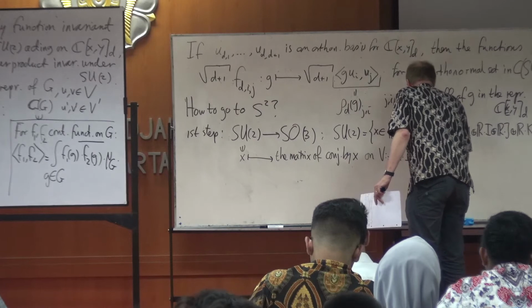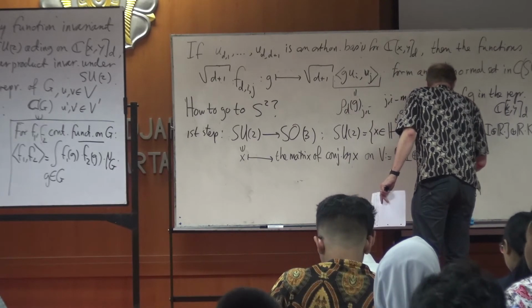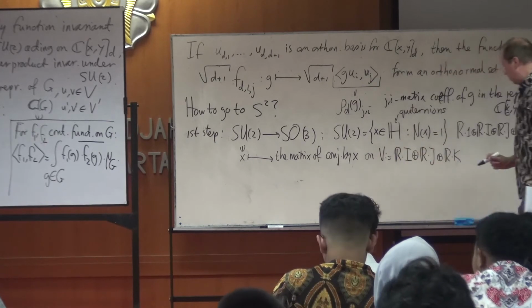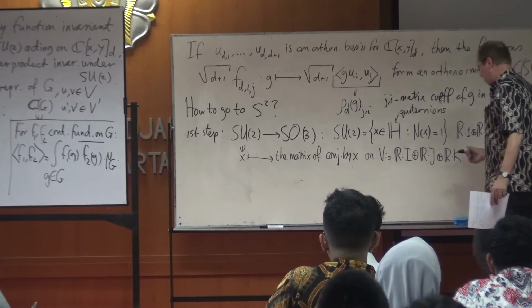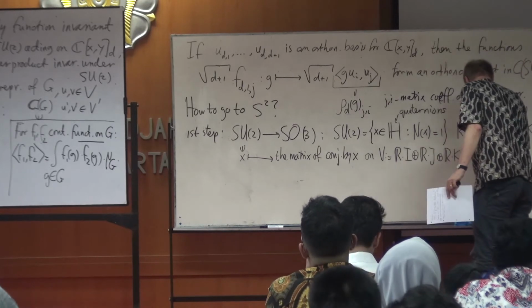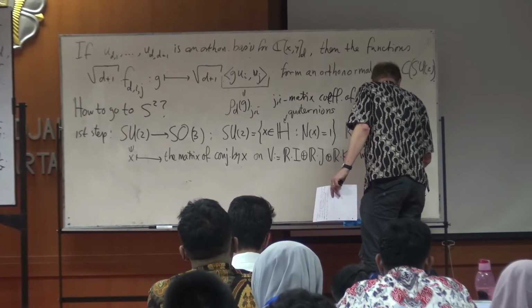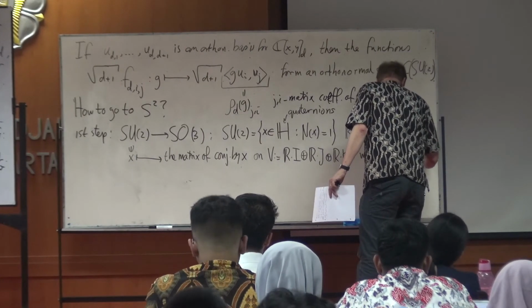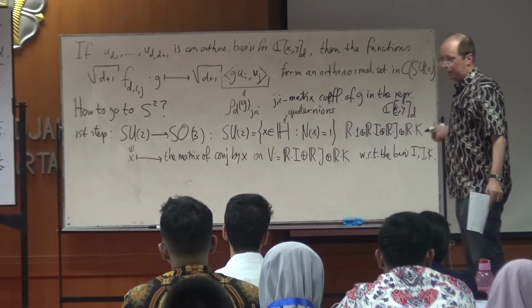So there are 3 that these ijk, there are these 3, these are the ones that I want. And the matrix of conjugation by this with respect to the basis ijk. Okay? Let's do that.